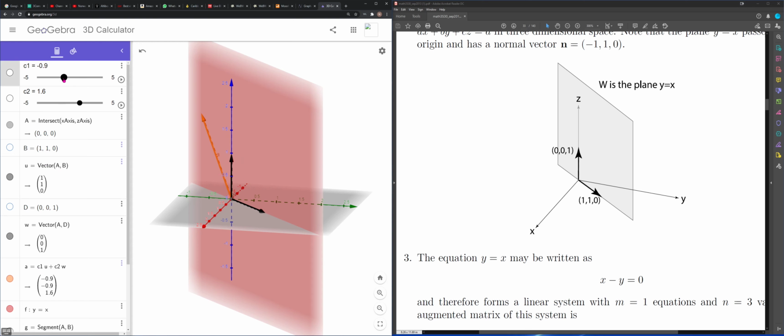Changing C1 and C2 sweeps out all the vectors in my plane y equals x. This orange vector is the linear combination of u and w, and by changing the sliders I get different values of C1 and C2. You see that for different values of C1 and C2, I'm able to pick up the entire plane.